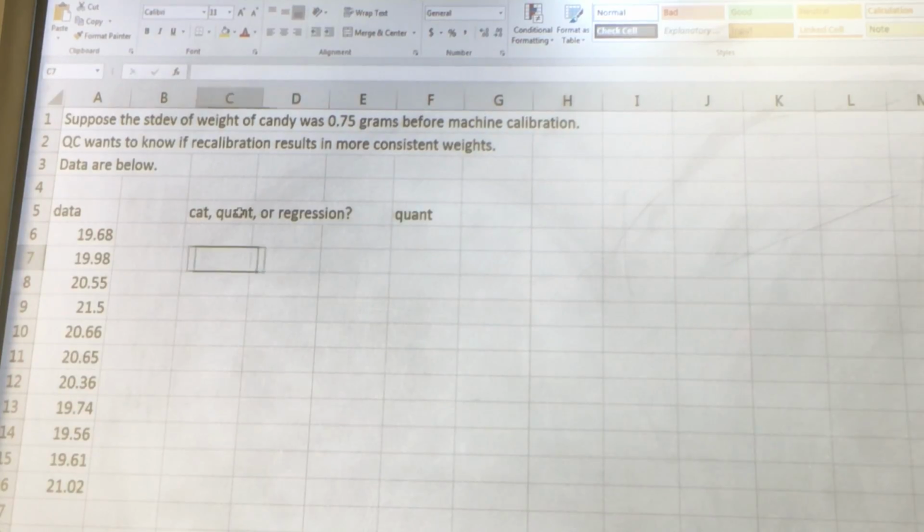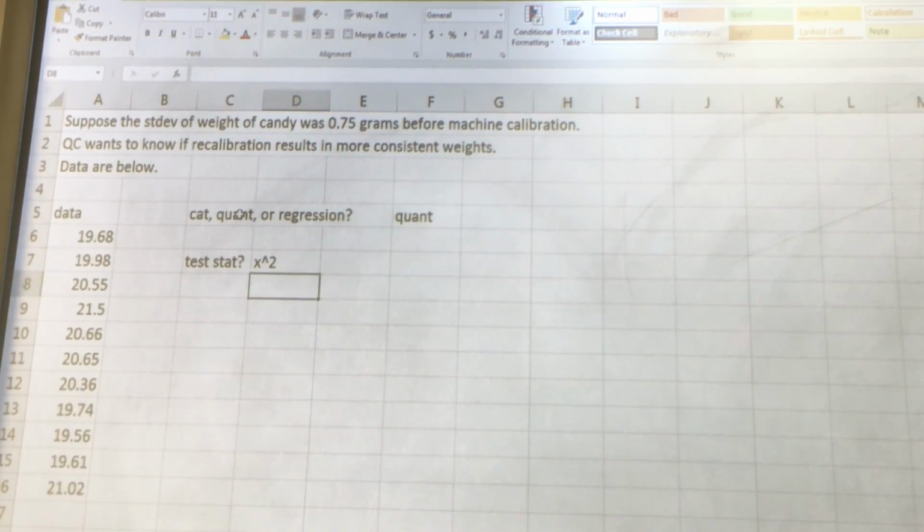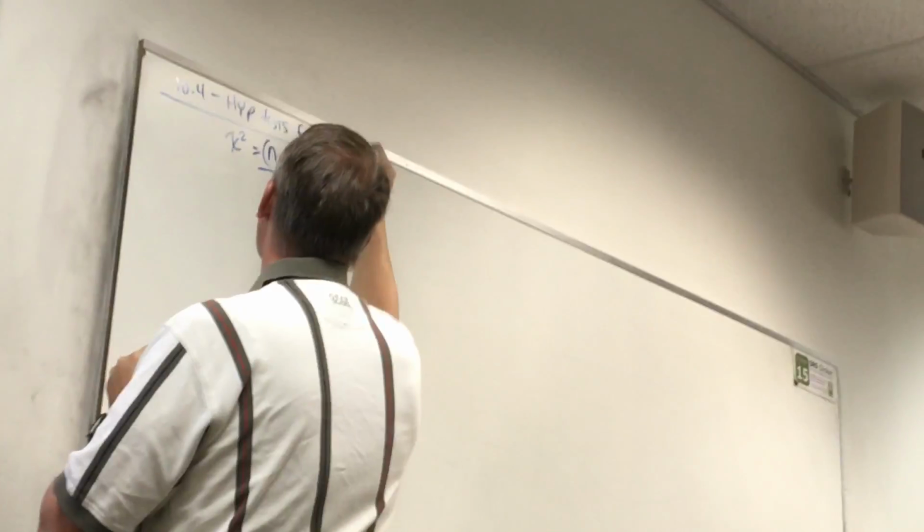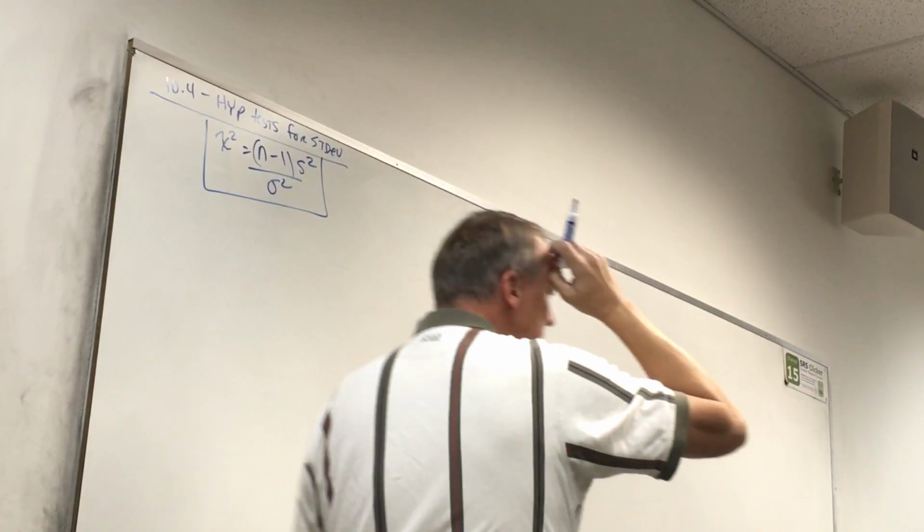Second question is what's the test statistic? And you said chi-squared. So I ought to give you the equation of that, right? Okay, so the equation for the chi-squared is n minus 1 times s squared over sigma squared. Okay, that's your new equation for the day.